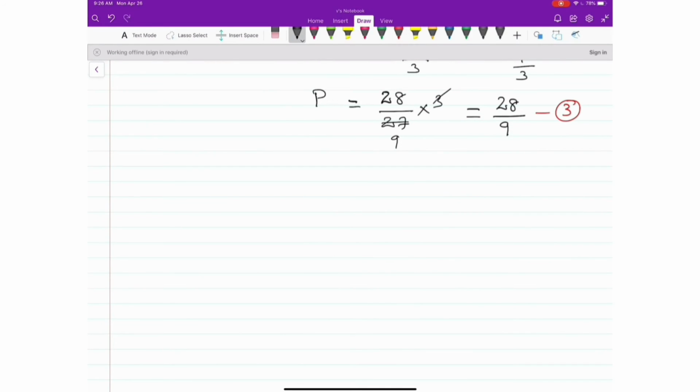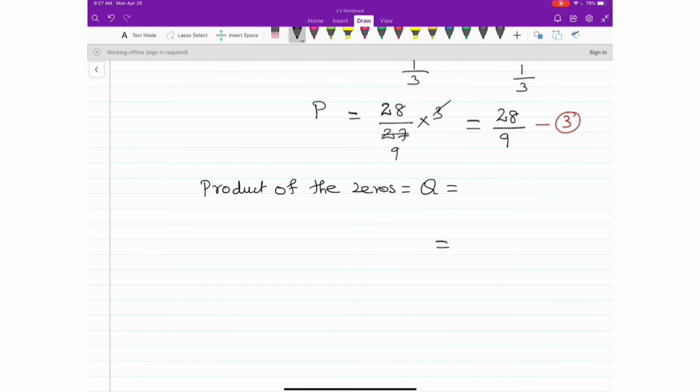What will happen to the product of zeros? Product of the zeros is equal to Q. We took it as Q. You know the zeros are alpha square by beta and beta square by alpha. This is nothing but, beta will get cancelled, 1 beta and 1 alpha, then you will be left with just alpha beta.